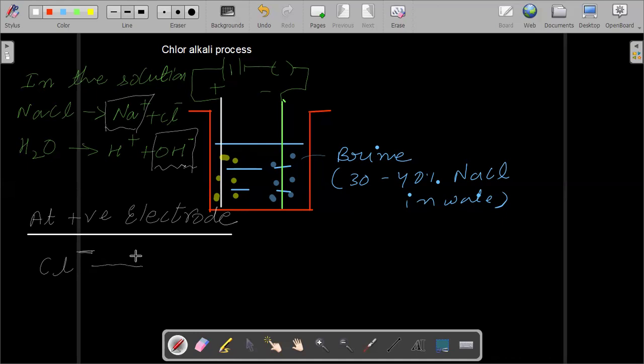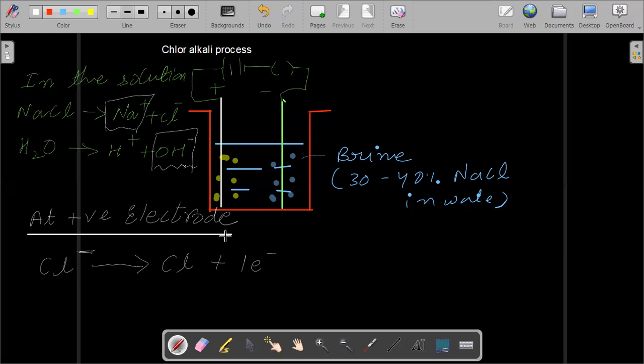As a result, at the positive electrode, this chloride ion gives out one electron and becomes chlorine. The one electron which this chlorine had taken up has been taken up by the positive electrode and transported to the positive terminal of the battery.